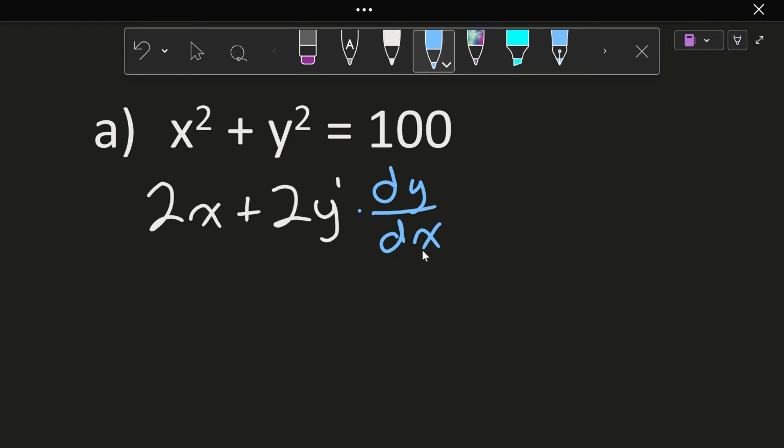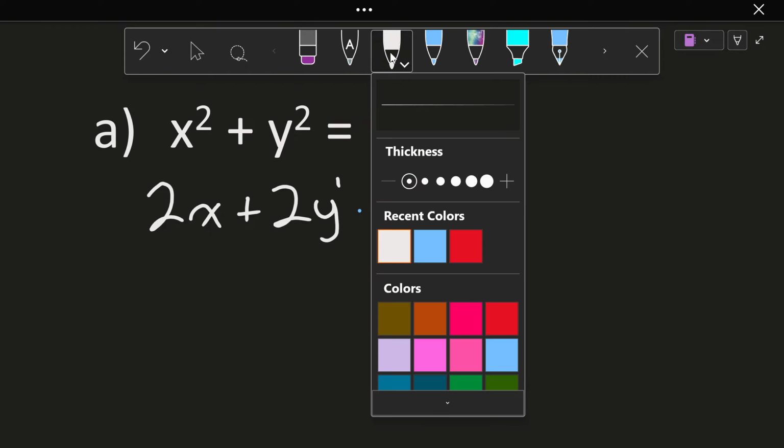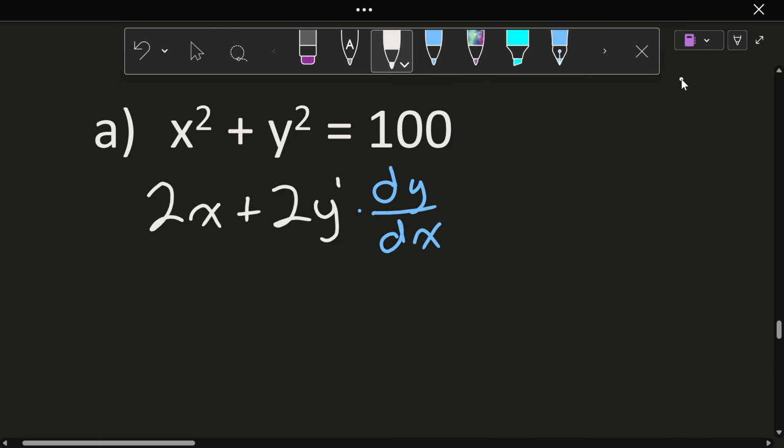The last thing we do is multiply it by the derivative of what's inside the bracket. So we're just writing dy by dx because that is the derivative of y. That's what dy by dx means: the derivative of y in terms of x. So we'll go back to our equal sign here, and the derivative of 100 is 0.